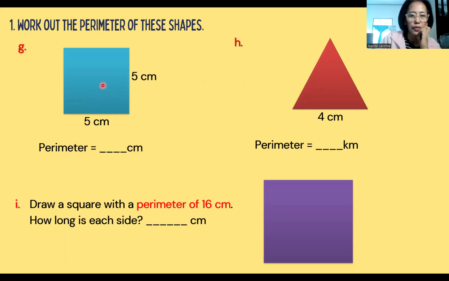Okay, what's the perimeter? Is it a regular or irregular shape? What do you think? G. Regular or irregular shape?